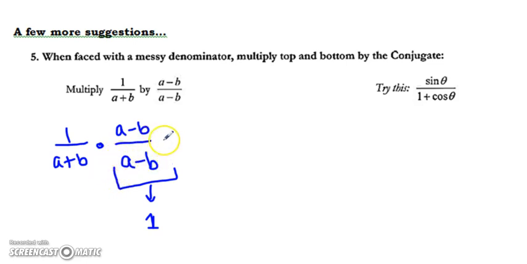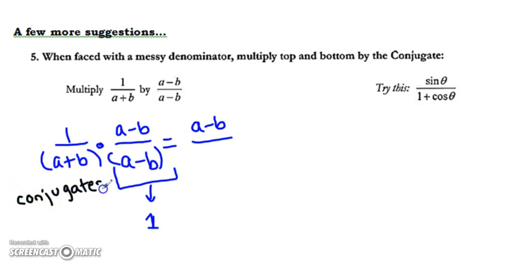You're doing this so that when you multiply, even though you made the numerator more complicated, what you did in the denominator was take two factors and multiply them together. And since the factors are conjugates, you should know that they give you a difference of 2 squares. And a difference of 2 squares is almost always going to have one trig function that you could use over another.